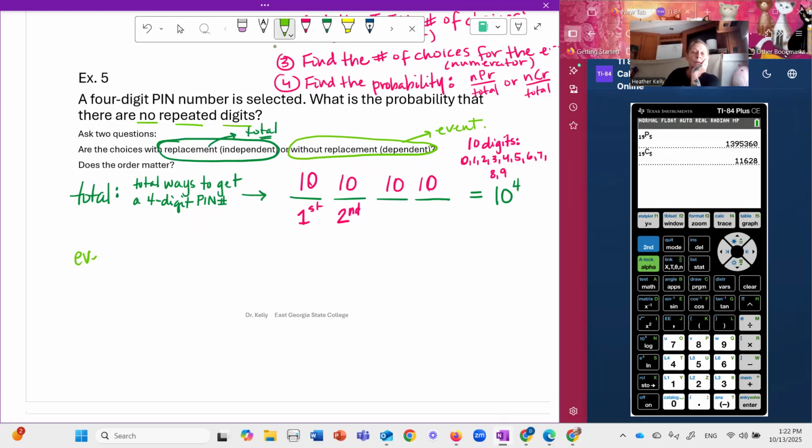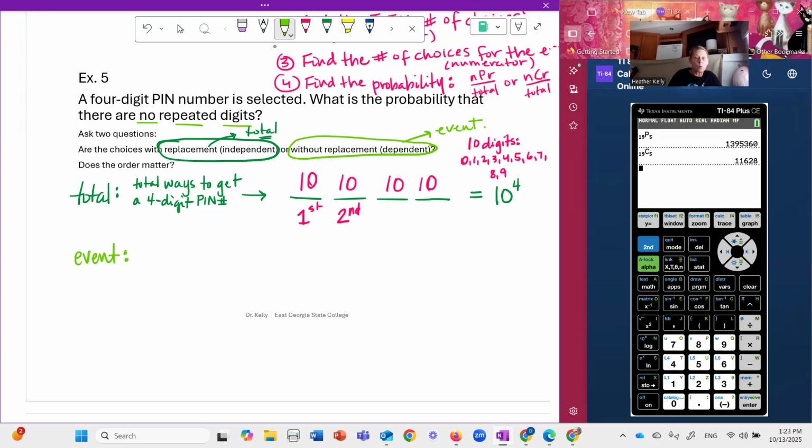Now let's look at the event. All right, now, does the order matter? No, the order doesn't matter. The order doesn't matter because it just said no repeats. That has nothing to do with the order in which the digits come out.